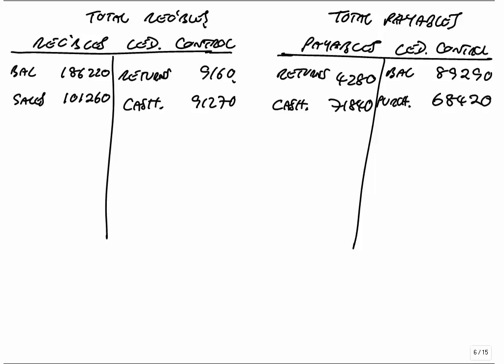Cash discounts allowed. Cash discount allowed. What entry in which account? A discount allowed. Credit receivable. Yes.